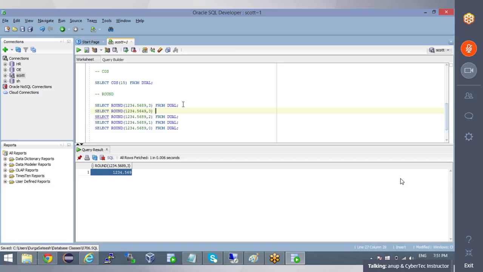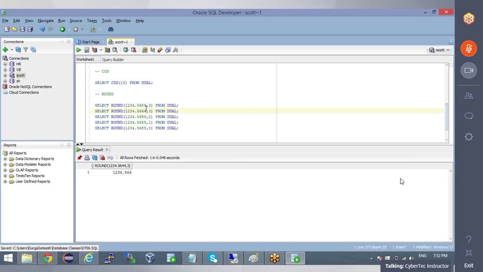So what will be the output of this? The output is 565. Alright, let me say this as 4.